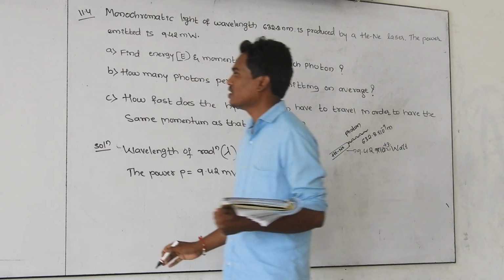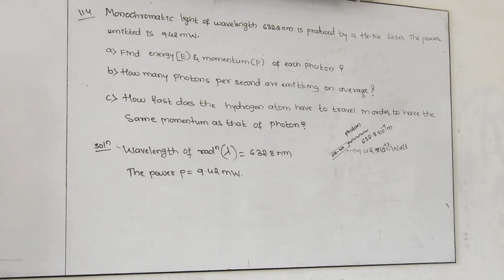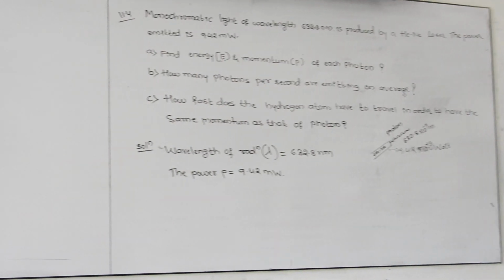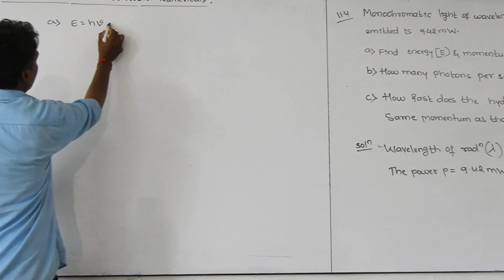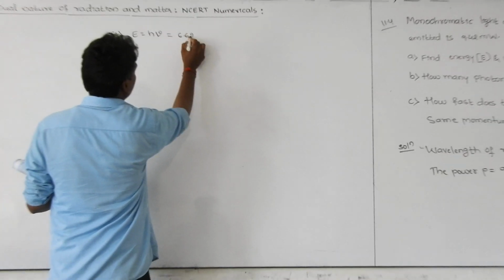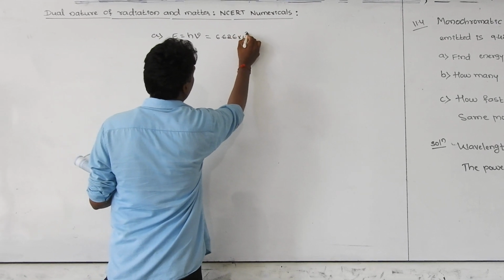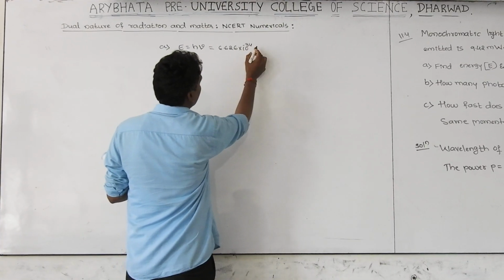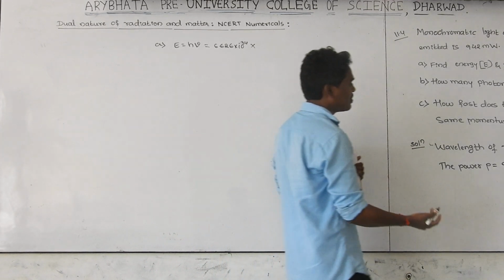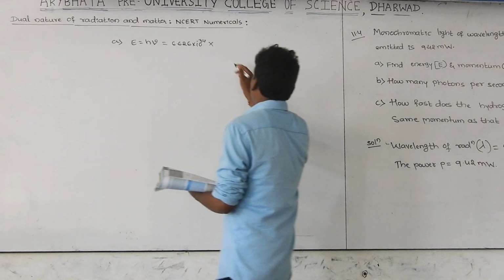That is the first one. Solution. You know that E is equal to h nu. You know the h value, 6.626 into 10 to the power of minus 34 joule second. Frequency value he has given, that is 632.8 nanometer.